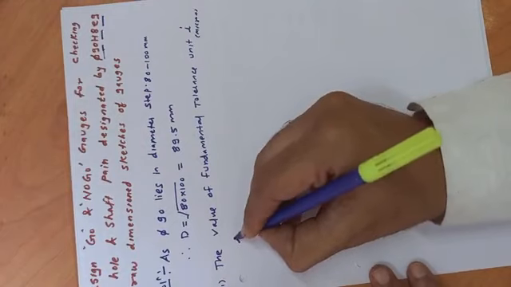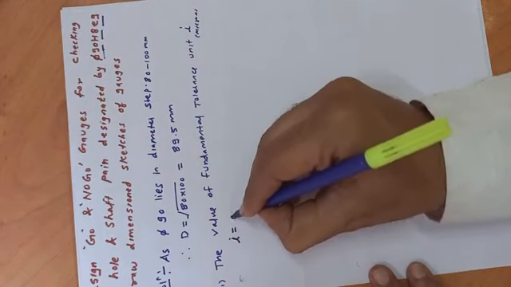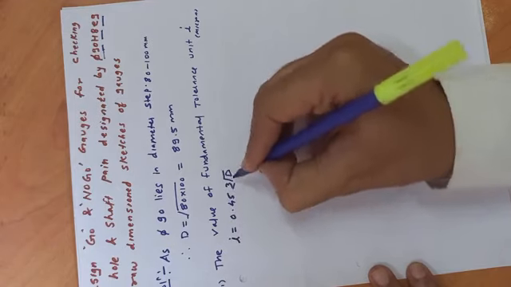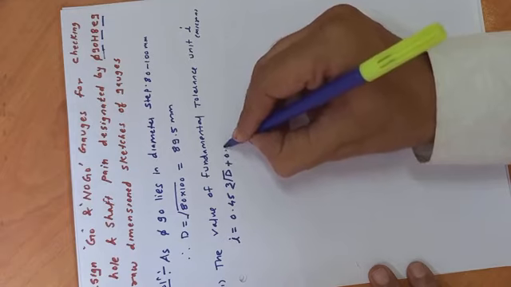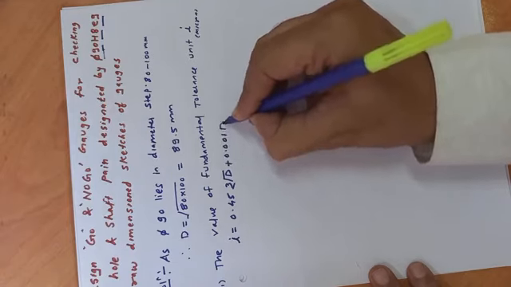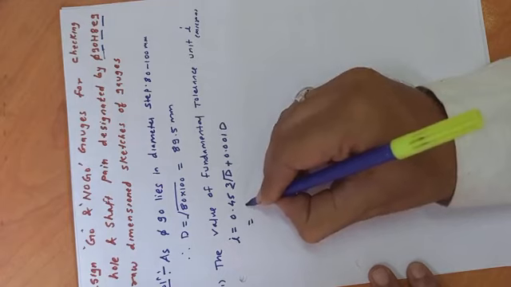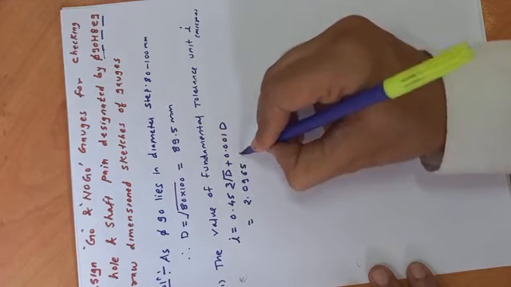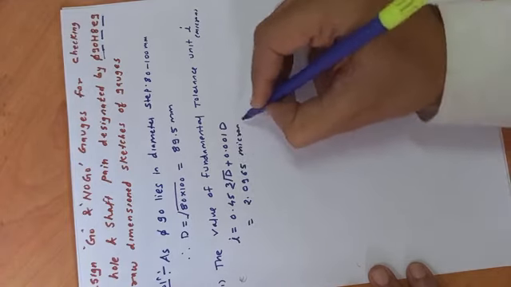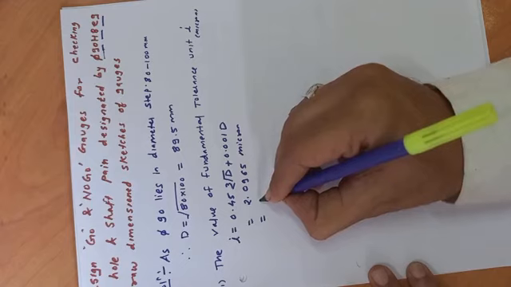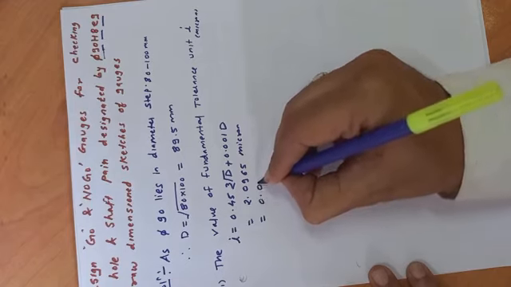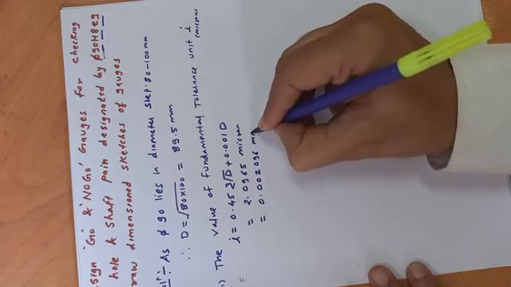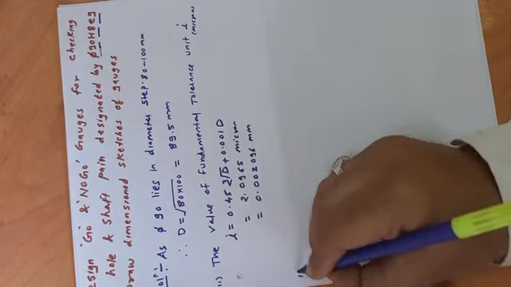So i is equal to 0.45 cube root of D plus 0.001 D, and it comes to be 2.0965. This value is in micron, so we have to convert this into mm, so it comes to be 0.002096 mm.